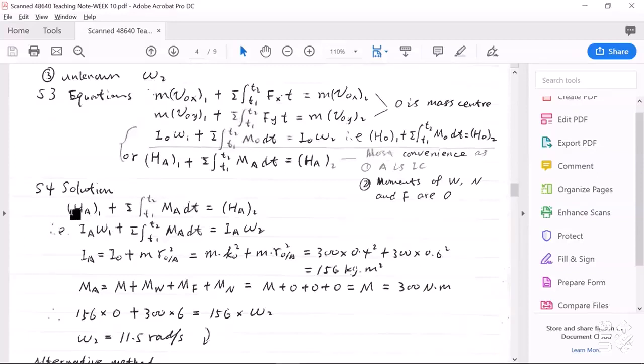Okay, we calculate the initial momentum and we calculate the angular impulse about point A.